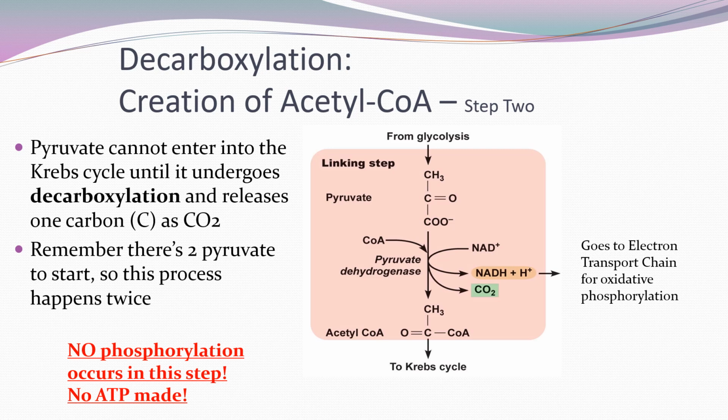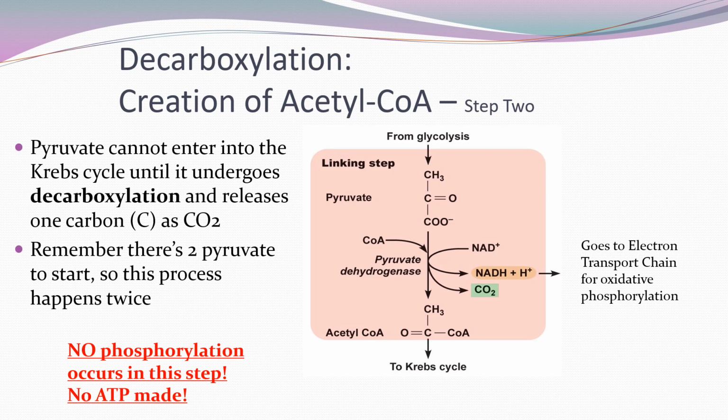Now, what's going to happen is those 2 pyruvates, those pyruvic acids that we produced from glycolysis are going to be the in, the starting molecules that we want for the creation of acetyl-CoA. So, what's going to happen is another couple of little mini steps. You don't have to memorize them at all.